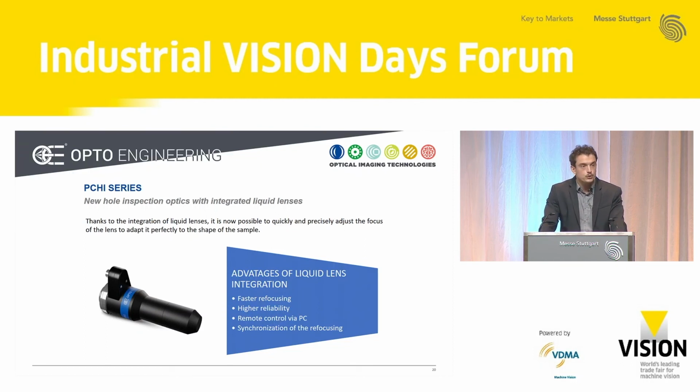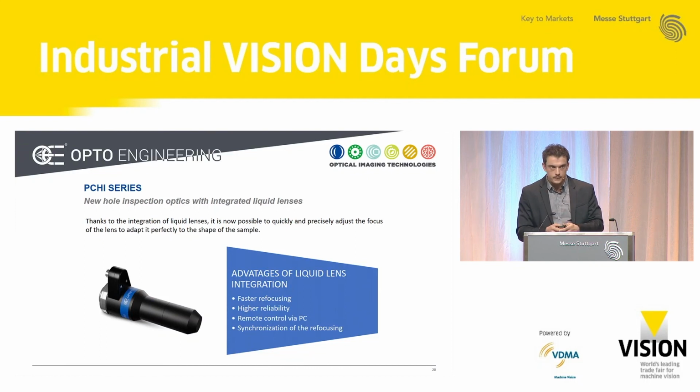It is possible to control anything remotely, so using a PC. And it is also possible to synchronize the refocusing, meaning that if you have a changeover during your application, you can synchronize the acquisition with the refocusing in order to have any detail in perfect focus, basically.